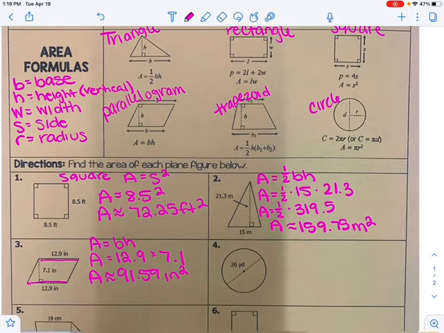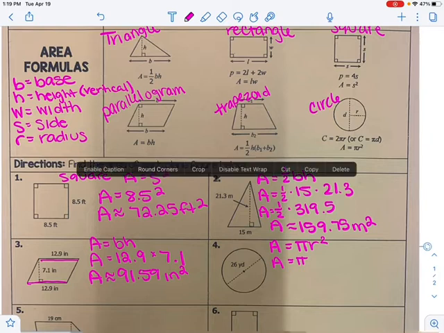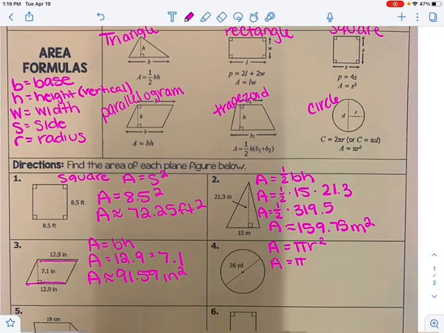And then moving on to number 4, the circle. So the area of a circle is equal to pi radius squared. So pi, and in this case, do we have the radius? No, this is a diameter. So that means the radius is equal to 13.